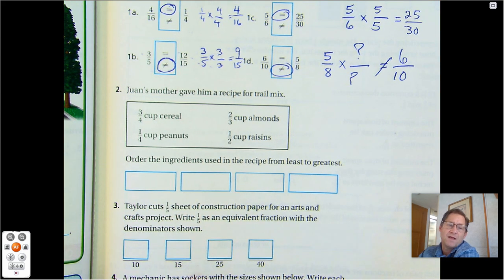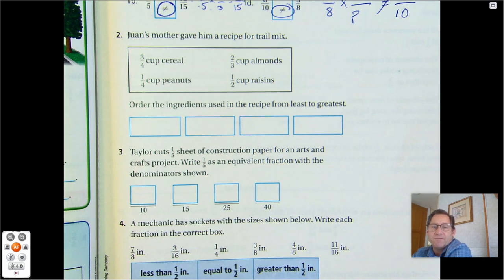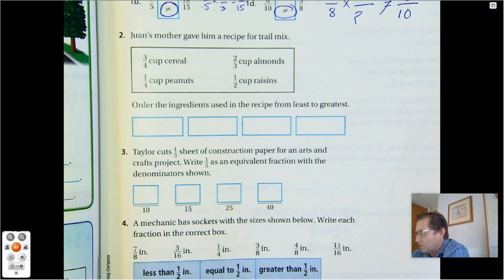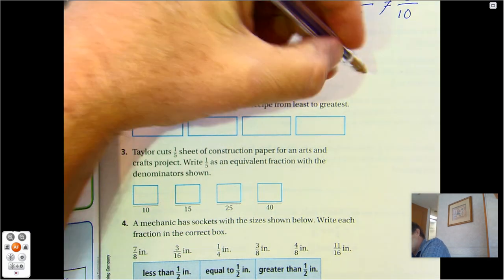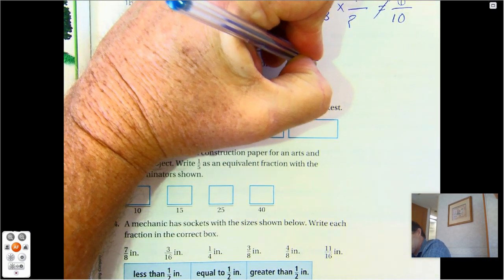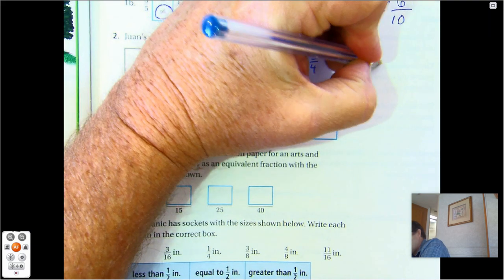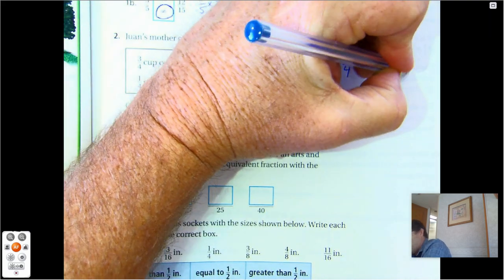Okay. Number 2, Juan's mother gave him a recipe for trail mix. All right. And so those are the measurements for the trail mix. And it wants us to order the ingredients from least to greatest. All right. So we have to compare 3/4, 1/4, 2/3, 1/2.